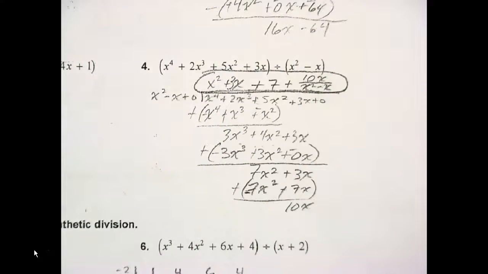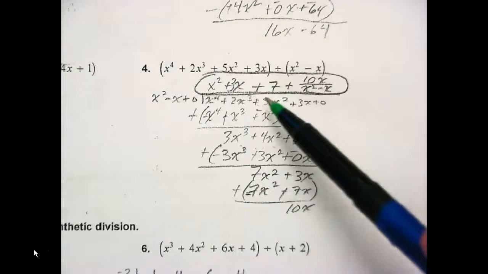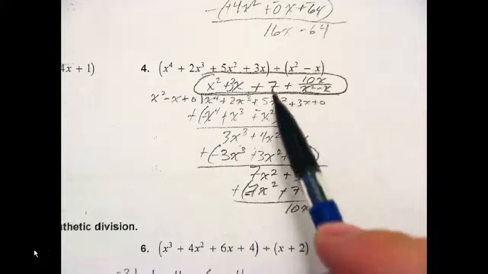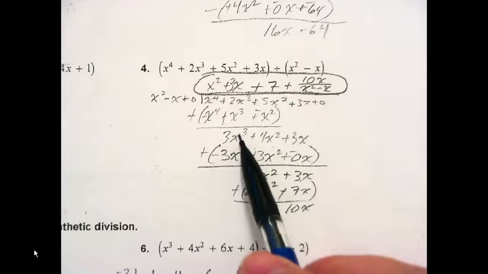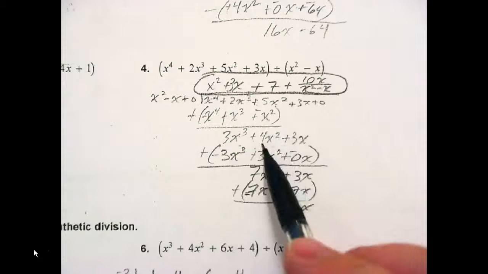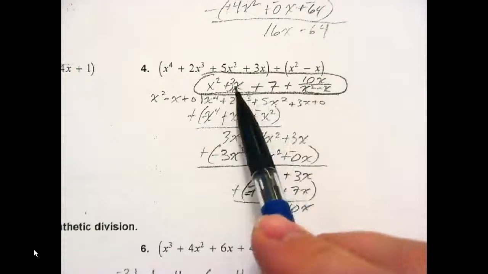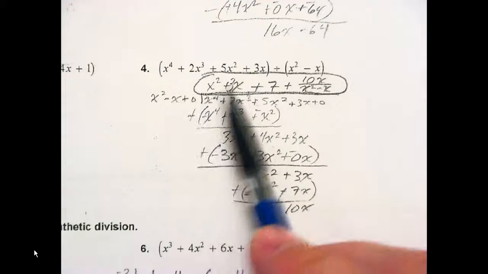All right, so if I did make a mistake here, where's my mistake? It's Matt. 0x squared. I have 3x cubed plus 4x squared. You could have 1x squared, but it's 0x squared. 3 times 3x.